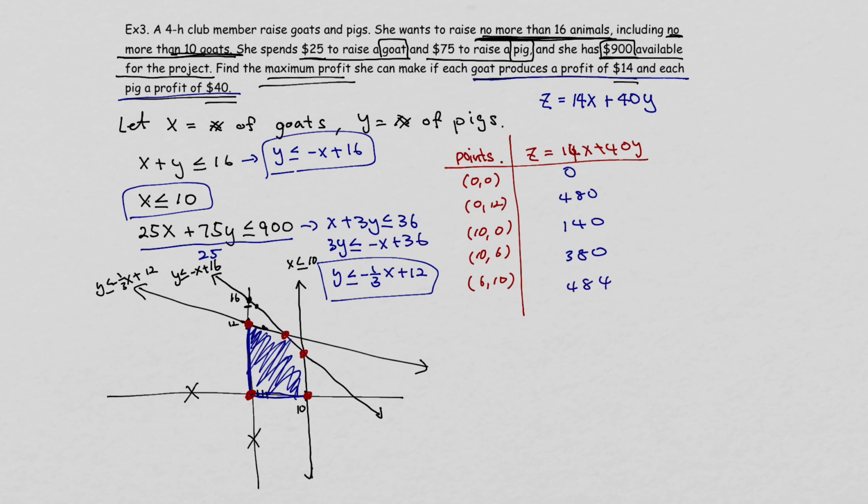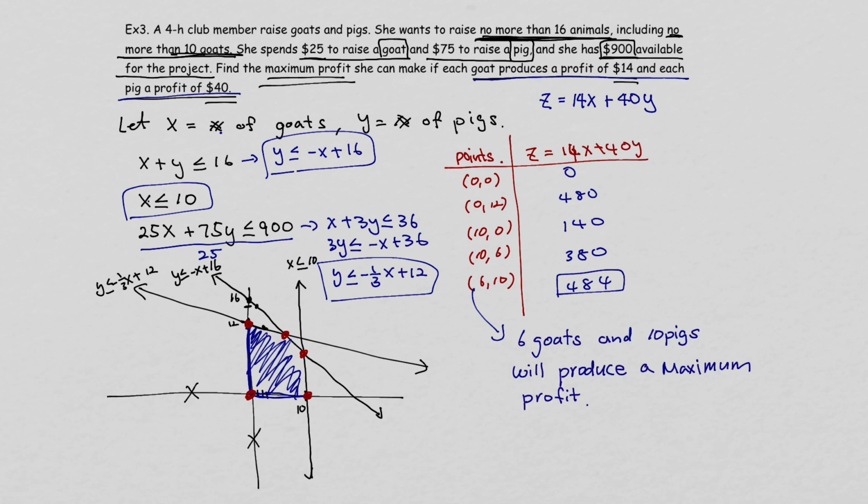So this is going to be your maximum value. So in order to get maximum profit, you want to buy 6, what was X? X was goats, 6 goats and 10 pigs, right?